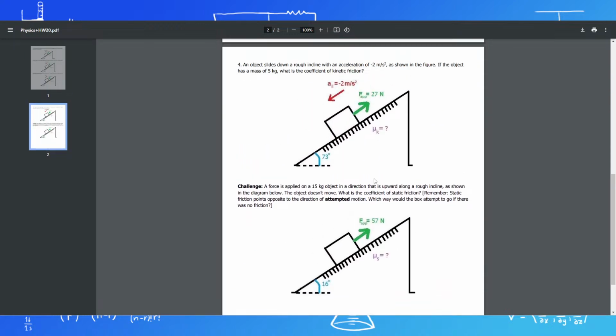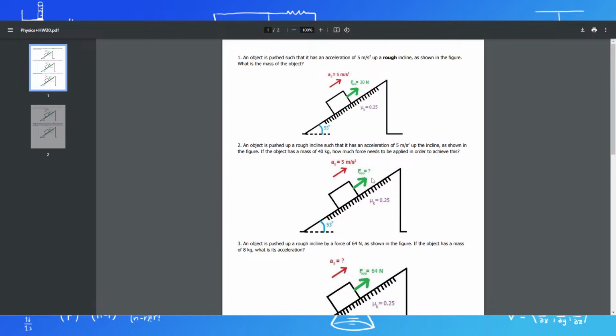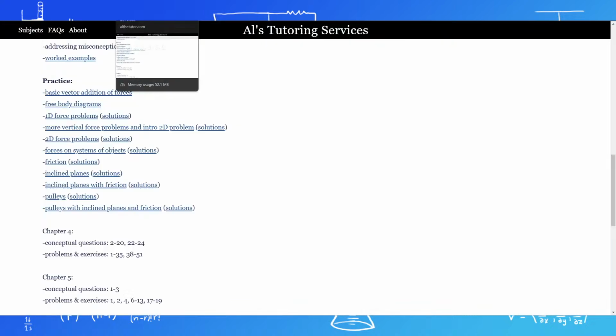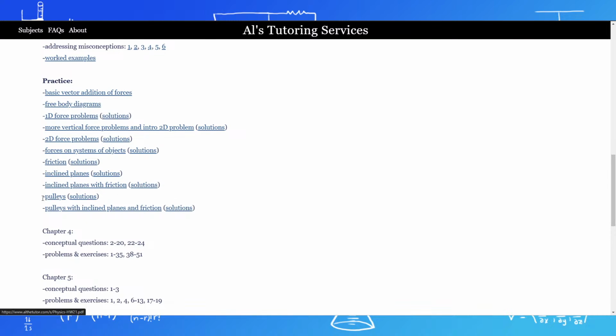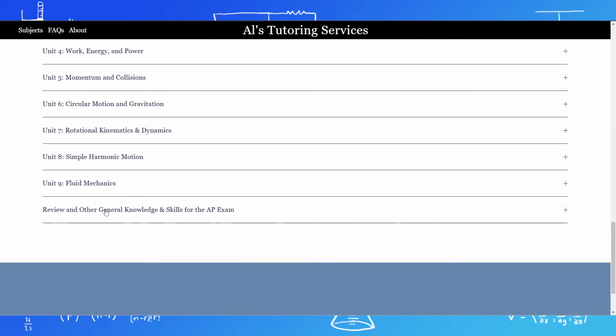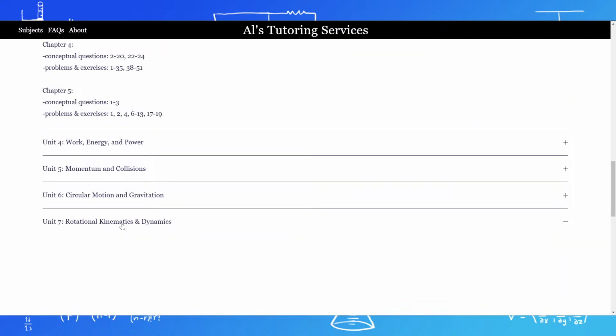So I don't think it would be too much of a stretch to ask you to at least look at one or two of these, if nothing else. And that'll be the plan for next time. We'll do some inclined plane problems, inclined planes with friction, and then we will introduce pulley problems, and talk about the assumptions that we make when it comes to pulleys, and how we will end up correcting those assumptions once we get to rotational dynamics.